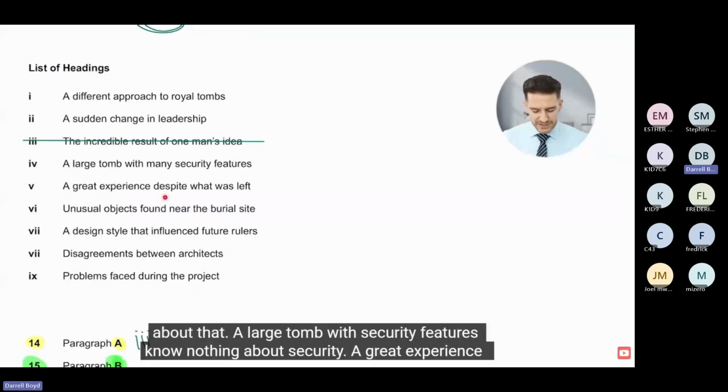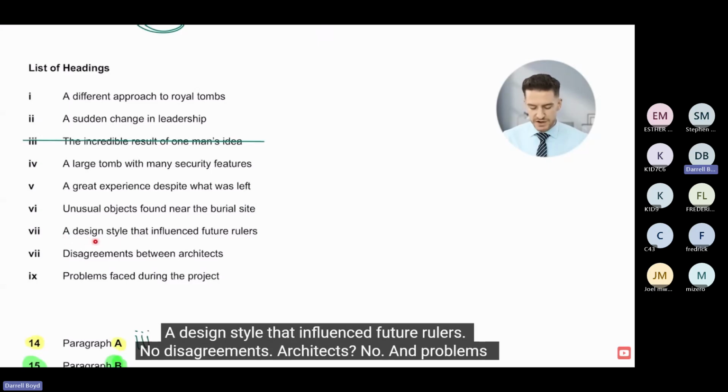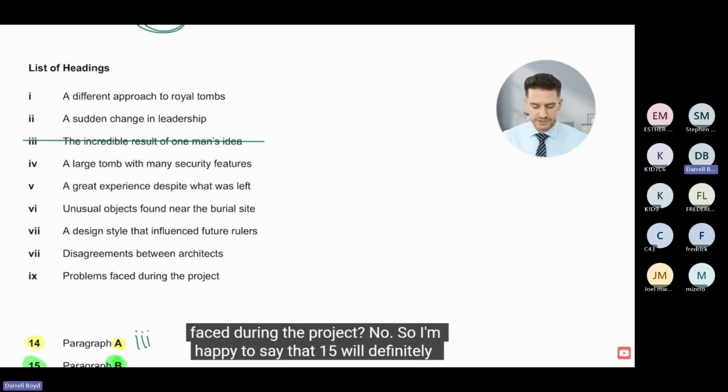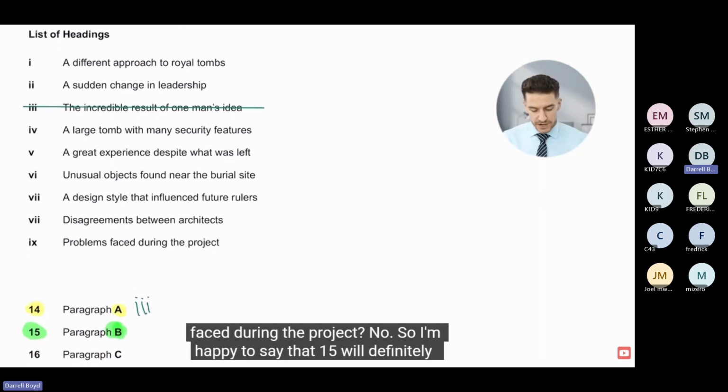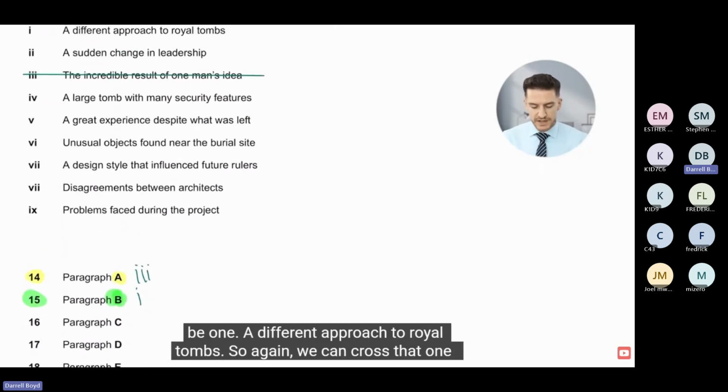A great experience despite what was left? No. Unusual objects found near the burial site? No, doesn't talk about that. A design style that influenced future rulers? No. Disagreements, architects? No. And problems faced during the project? No. So I'm happy to say that 15 will definitely be 1, a different approach to royal tombs.